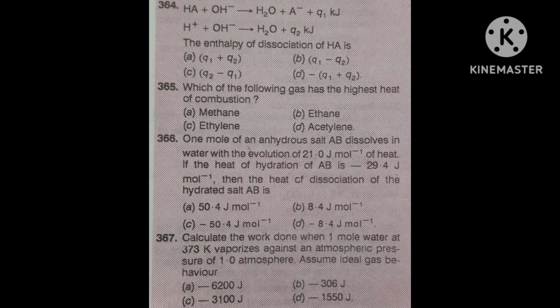So in this case, you have to take the difference of the two reactions, because the first reaction is a weak acid with a strong base, taking the Q1 value, and the second reaction is a strong acid with a strong base, whose value is highest.